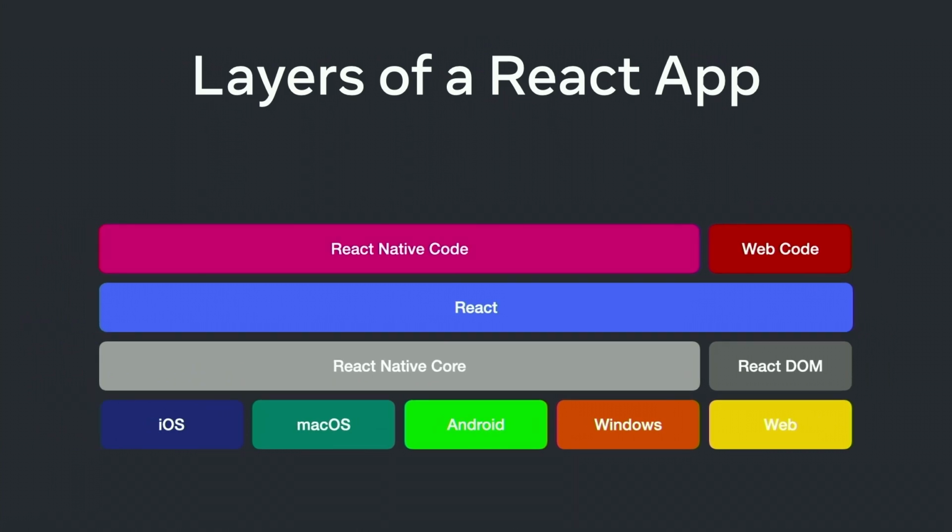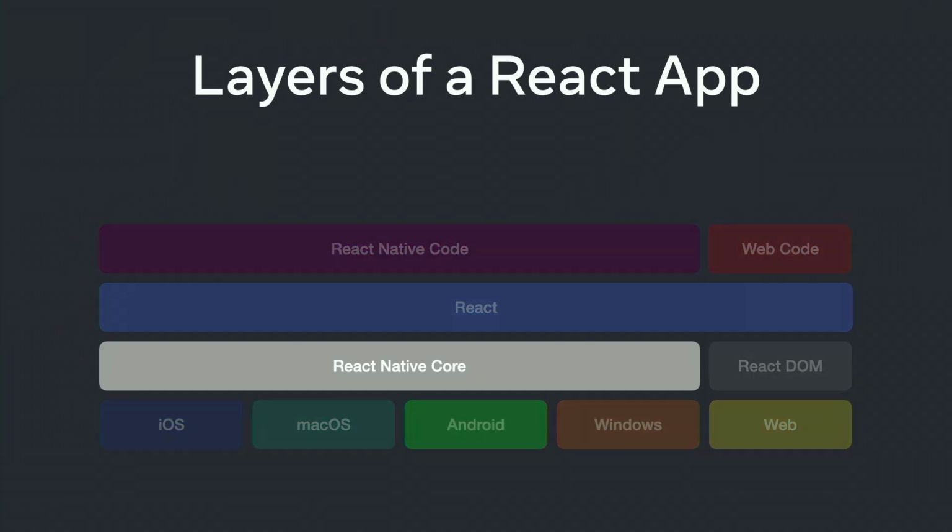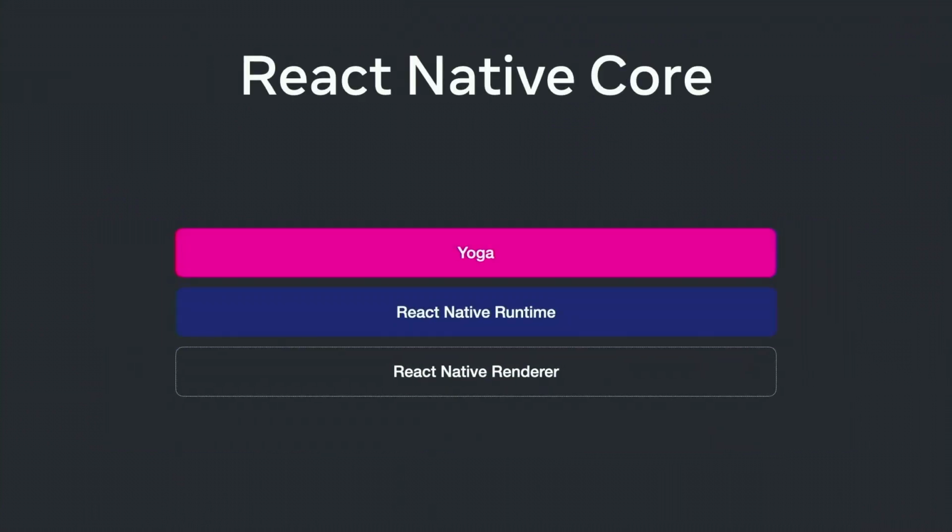And to do that, we're working on every single layer of the stack. And so the first thing is the React Native core. That's where everything begins. So let's see what that is about. To oversimplify, and I really mean that, we can think of React Native core as 3 different parts. And the lowest part of that can be called the renderer.